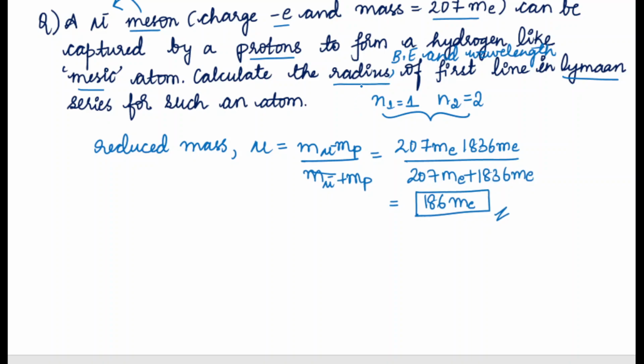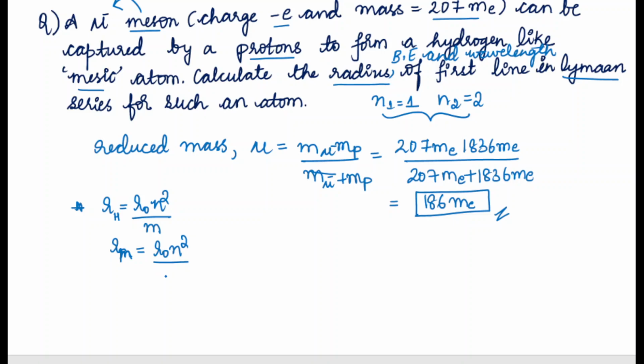So this is the radius. First we will take the radius part and how it depends on the mass. r is equal to r naught into n square divided by mass, where this is the radius of the hydrogen atom. Now for the mesic atom we will write it in terms of small m: r for the mesic atom is r naught n square, where instead of m it will be mu.